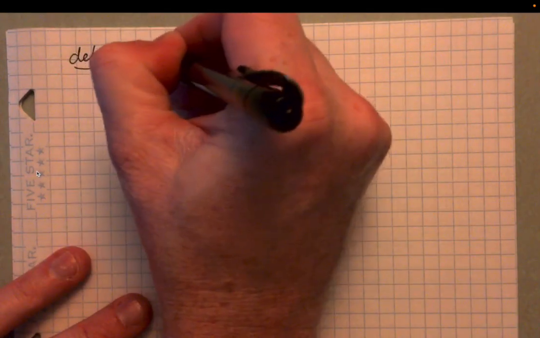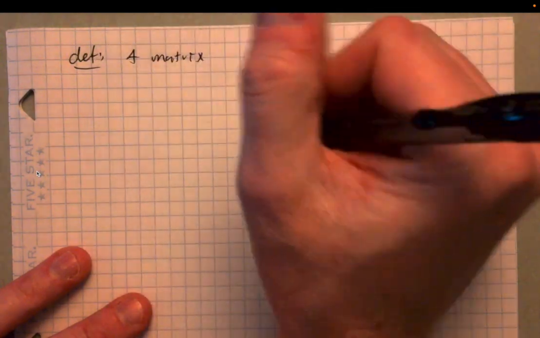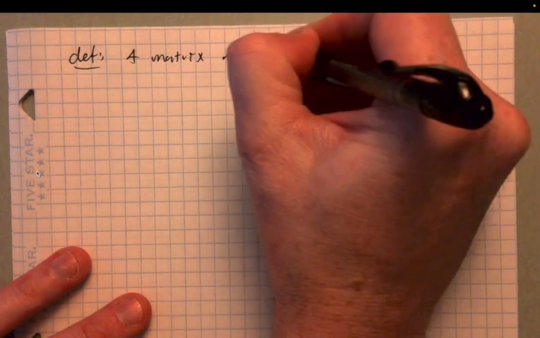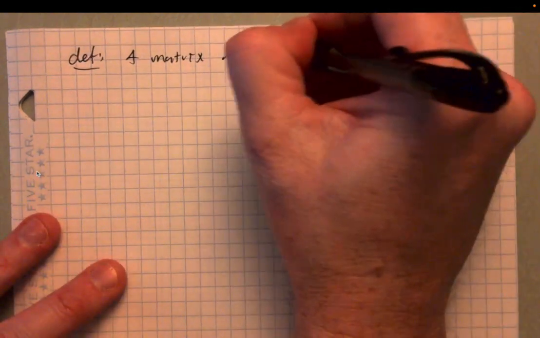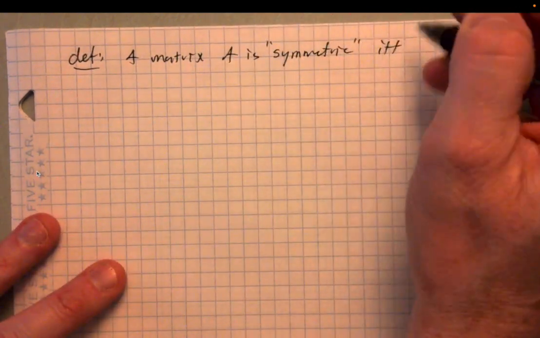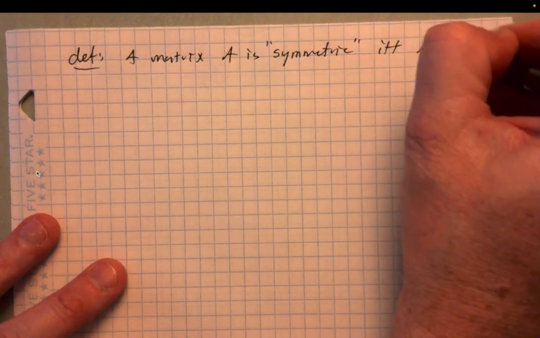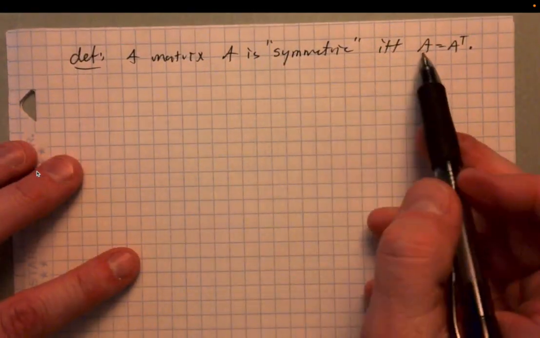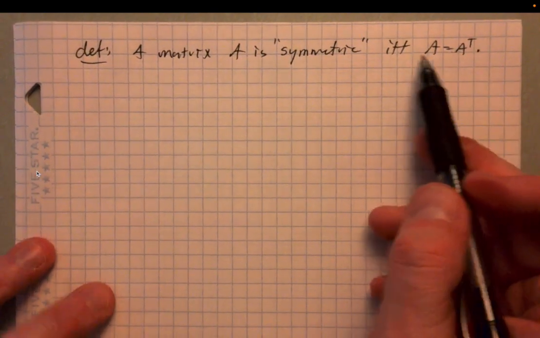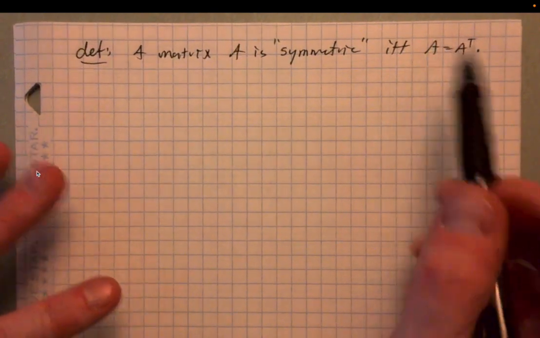A matrix A is symmetric, and that's what we're defining, if and only if A is equal to A transpose. This is what we mean by symmetric. So A needs to be equal to its own transpose. We'll see an example of that in a second.